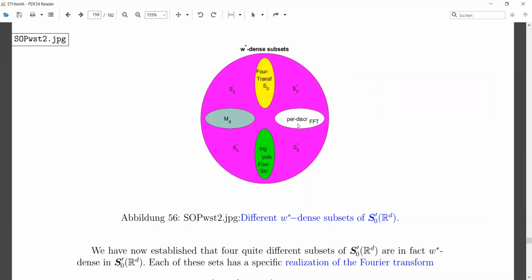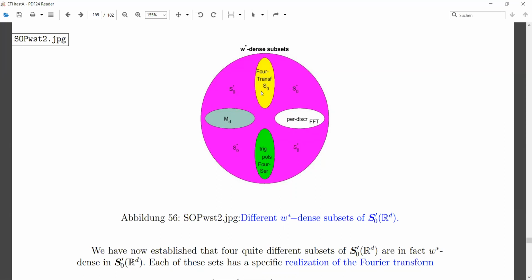Okay, now the point that I was making until now is that S0 is weak star dense. So if you know the Fourier transform in the classical way with the integral, we know that it's the same for discrete situations. You can take discrete measures sitting on very fine lattices, and then you can approximate the continuous integral.